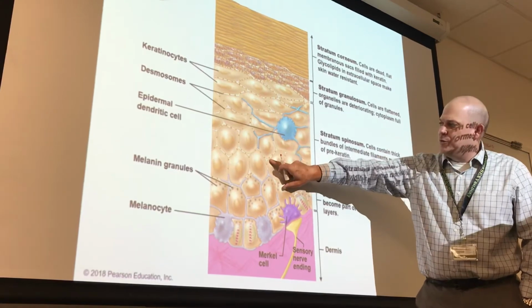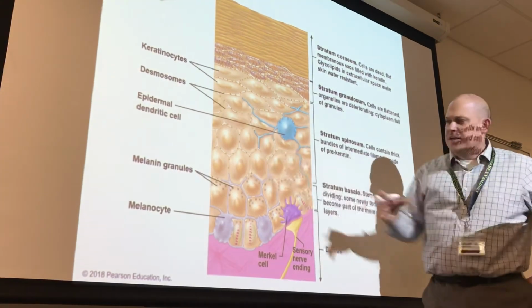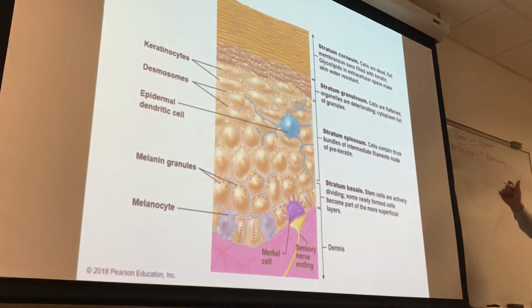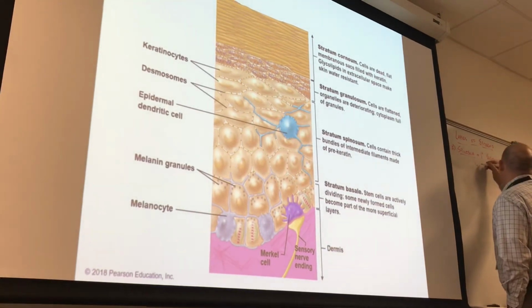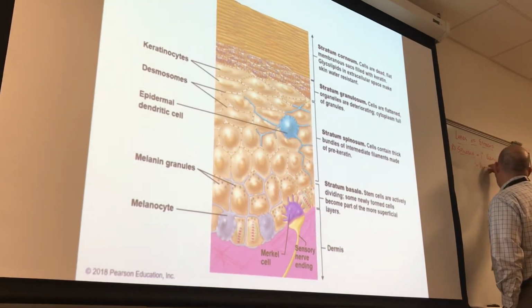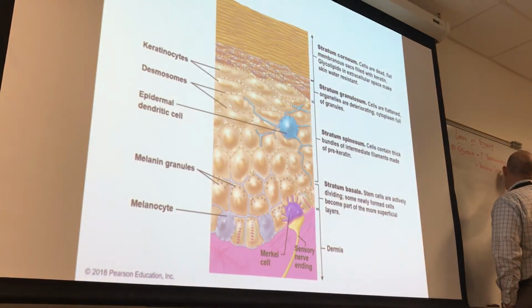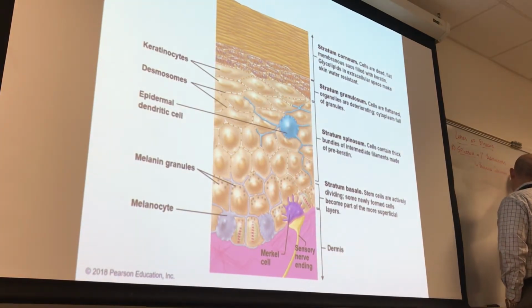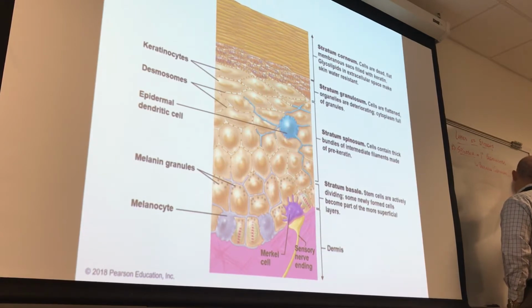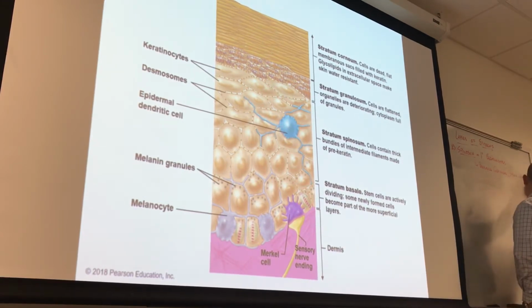These granules, which we see as little brown dots, give them a spiky appearance. So this layer is sometimes referred to as the spiky layer, because these cells are secreting these granules.